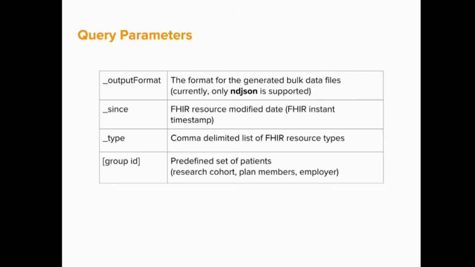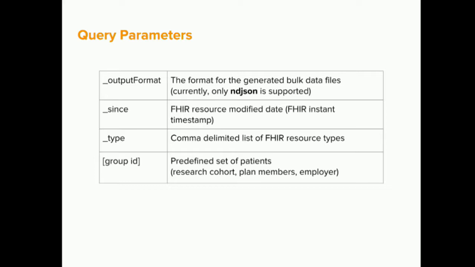And so servers can certainly support that using the output format, and then we'll have discussions about whether that should be a core requirement of the spec going forward. I think the really key parameter is the _since parameter, which lets you request only FHIR resources that have been modified since a particular day. And so the use case for that would be if you had a job that ran every night, you want to only pull the things that have changed since the last time you ran that job.